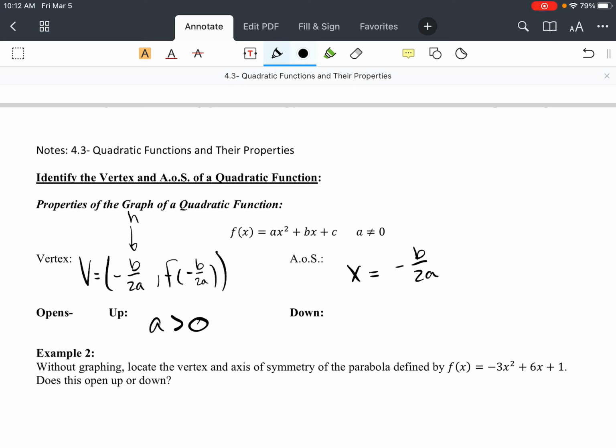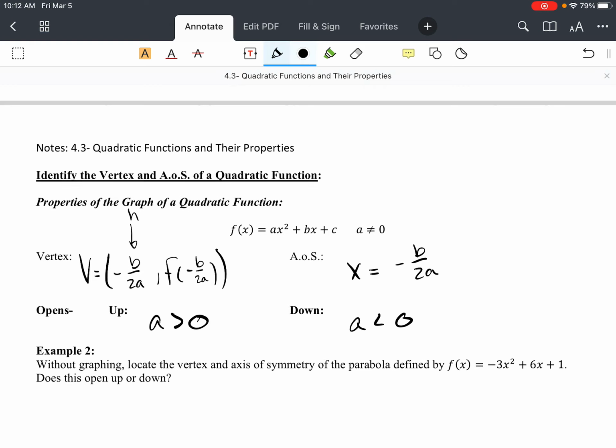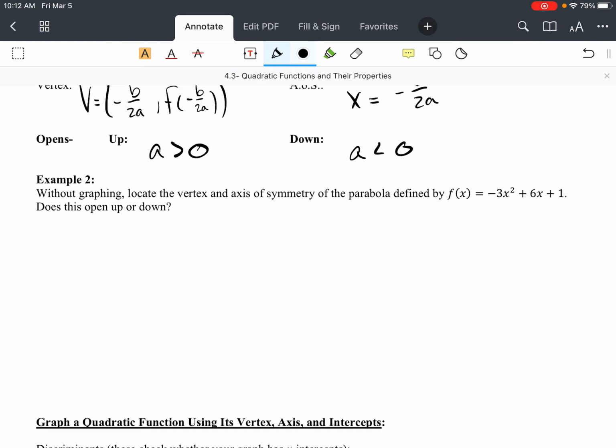It opens up if a is greater than 0, so if it's positive, and it opens down if a is less than 0, if it's negative. So without graphing, we want to locate the vertex and axis of symmetry of the parabola, and then determine whether it opens up or down.